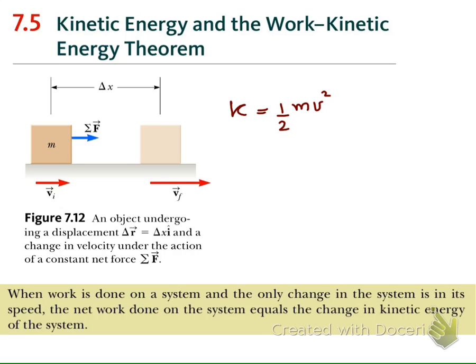That is, if the object with mass m is moving with the velocity v, this v is the speed, or the magnitude of the velocity, and m is the mass of the object. Okay.